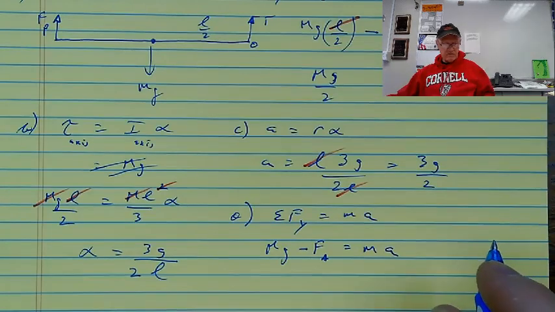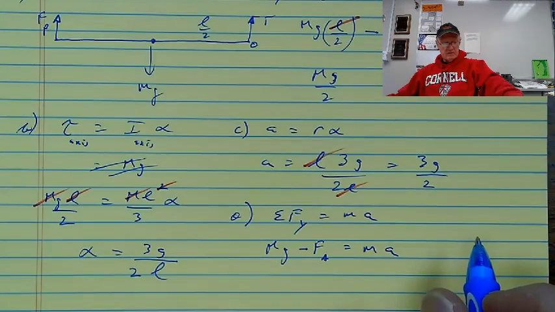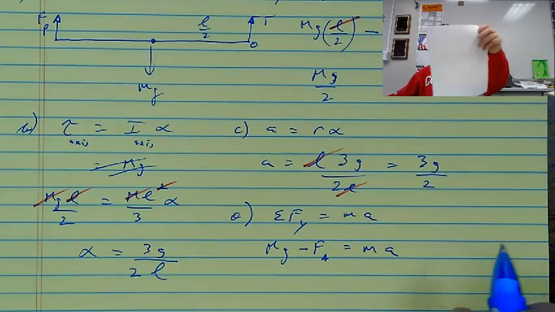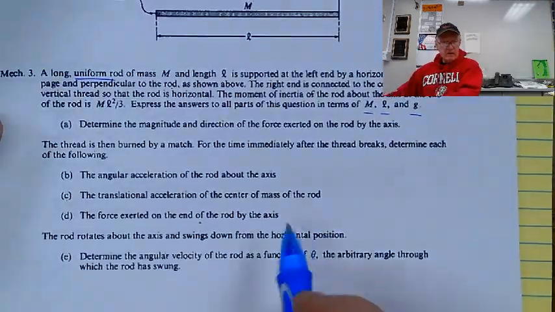Give me just a minute. I want to correct something that I did incorrectly. In part C, it's asking for the acceleration of the center of mass. I mistook that just now, and I took it for the acceleration of the tip out here. So let's go back and change the radius from L to L over 2.